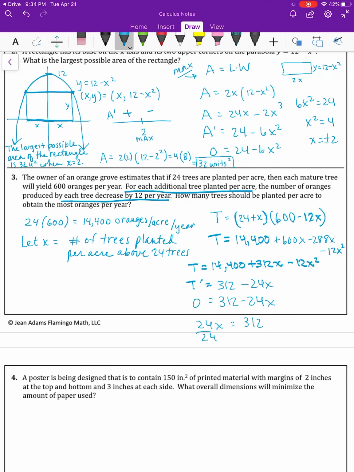Now I'm going to take the derivative, and I get 312 minus 24x. Set that equal to 0.